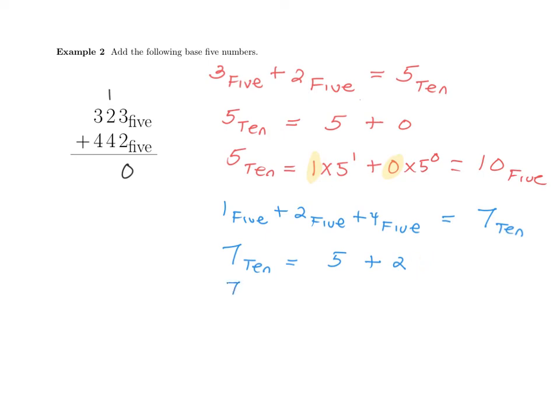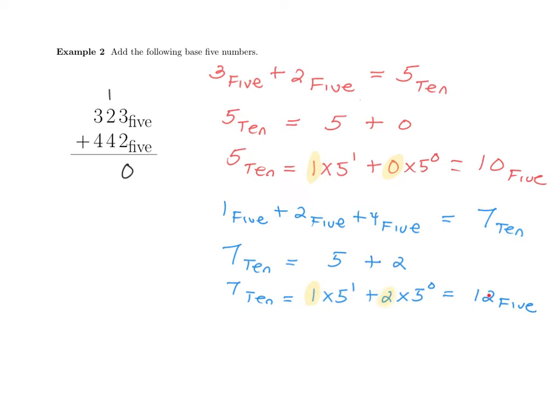So this is really 7 base 10 is equal to 1 times 5 to the first plus 2 times 5 to the power of 0. By doing this, I can say that 7 base 10 is 1, 2 base 5, where that 1 and the 2 are coming from the digit in the ones and the 5's place.